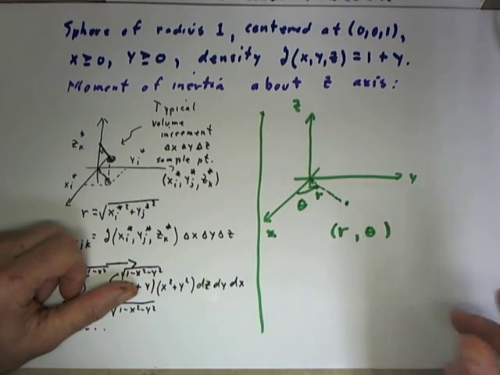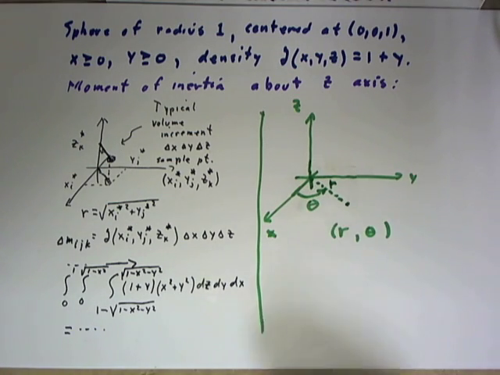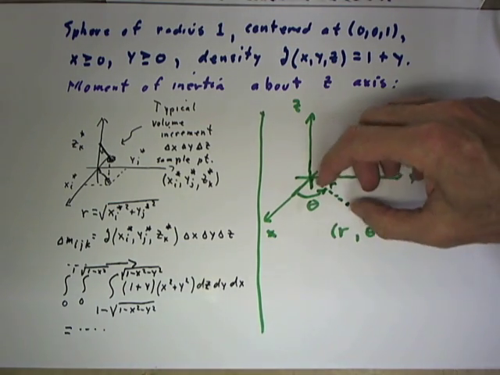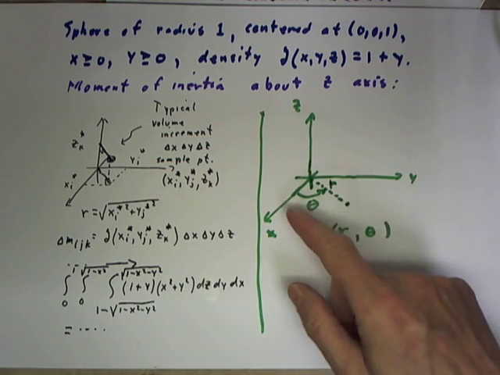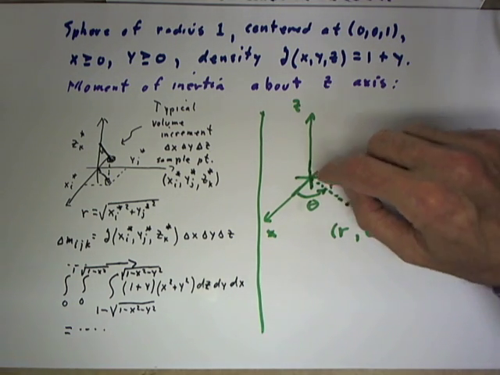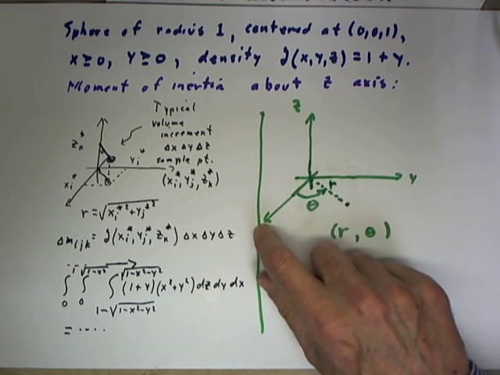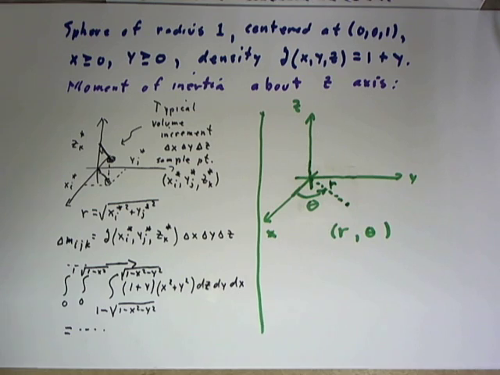Just needed to put my r on the other side of the dotted line. Now we understand that here's the r coordinate and theta is our angle as measured from the polar axis. r is the distance measured from the pole, theta the angle from the polar axis, and we consider the x-axis to be our polar axis.